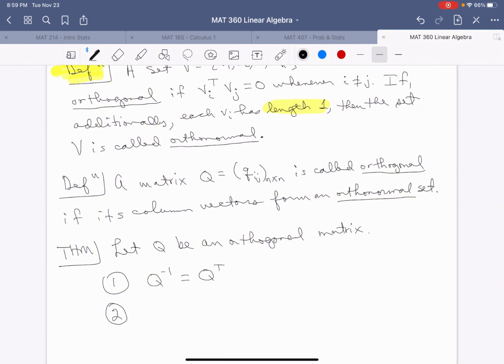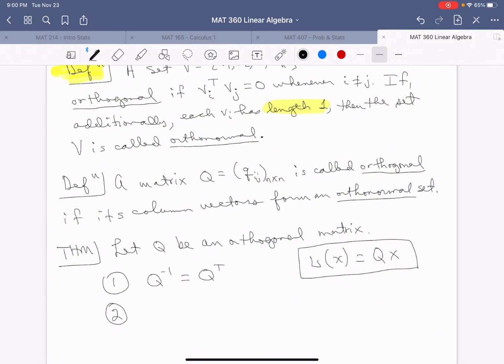And then the second property is that if we multiply a vector by an orthogonal matrix, then the result will have the same length. So in other words, if we think about a linear transformation L of x equal to some Qx, where Q is orthogonal, then this linear transformation may redirect its input vector, but it won't change the length of it.